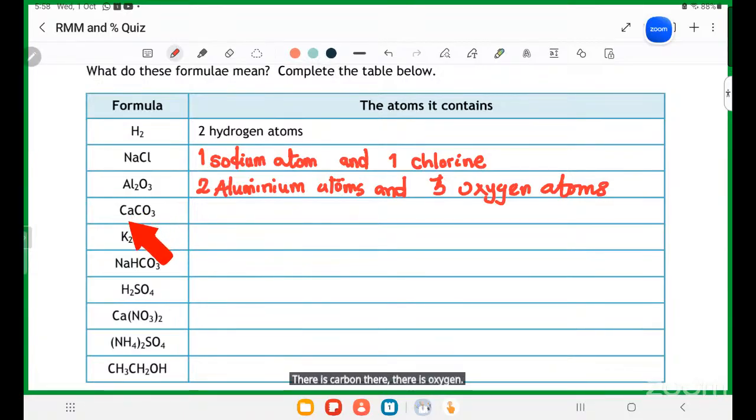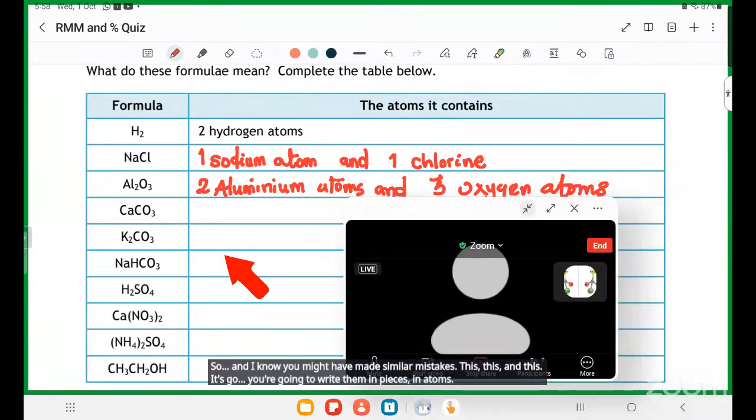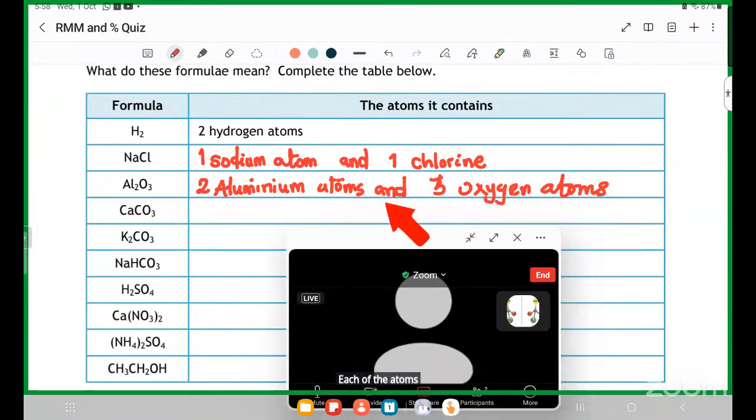So it is better to say one calcium atom, one carbon atom, and three oxygen atoms. Do you understand that? Yes, sir. I know you might have made similar mistakes on this and this. You're going to write them in pieces, in atoms. Each of the atoms, you break them down.